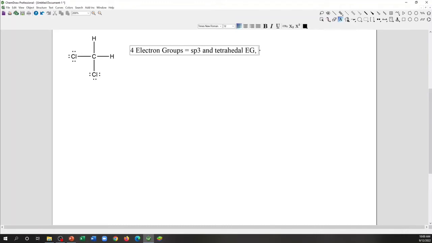When you have 0 lone pairs on the central atom, in this case the carbon, then your electron geometry and your molecular geometry are the same. That's always the case. If you have 0 lone pairs on the central atom, which in this case is carbon, then your electron geometry and molecular geometry are the same. So this is sp3, the geometry is tetrahedral, and the molecular geometry is also tetrahedral.